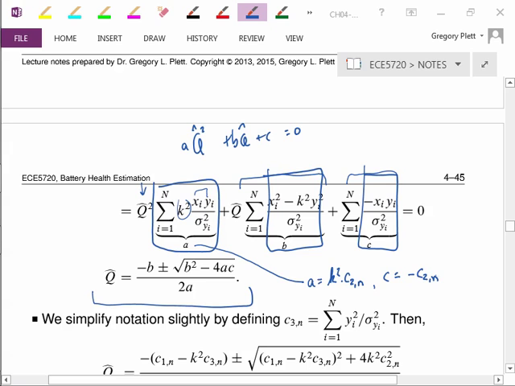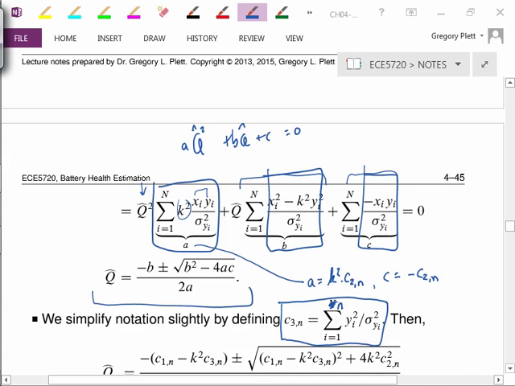Now the b term has something in it that I've seen before. The xi squared over sigma yi squared, we called that c1, but it has something new, which is the yi squared divided by sigma yi squared that I haven't seen before. That causes us to create a new definition, c3n. Oh darn, this should be a little n. Should it be a little n?